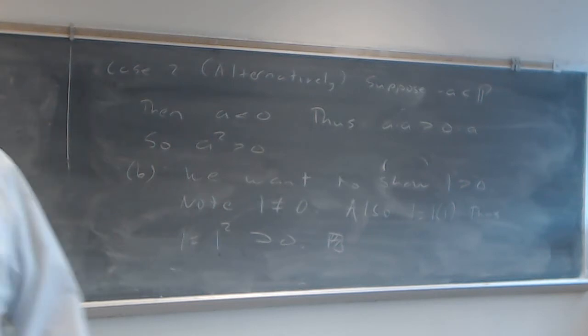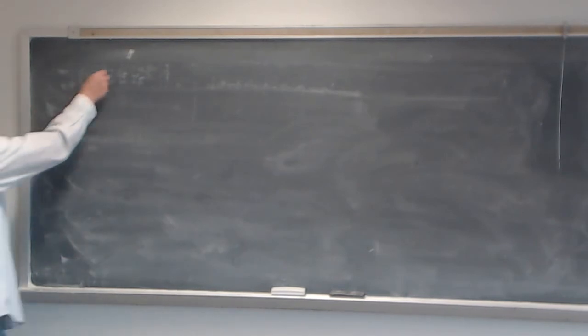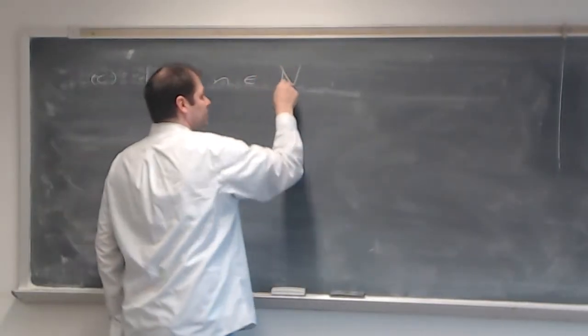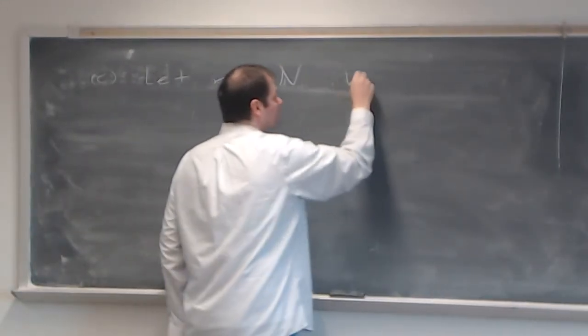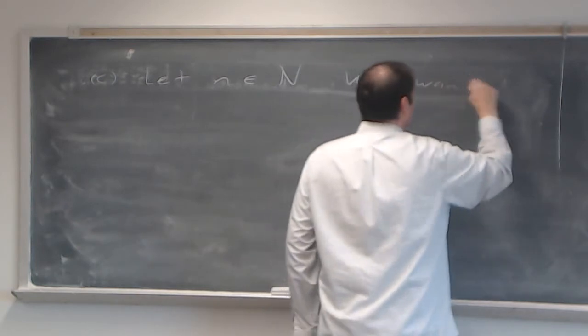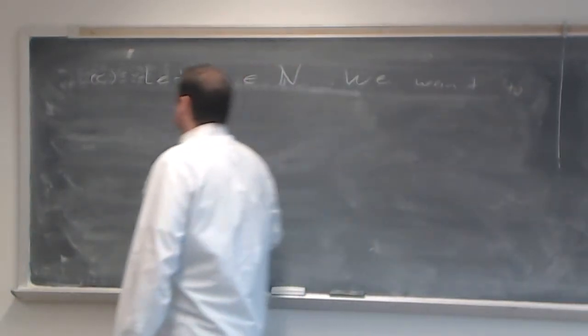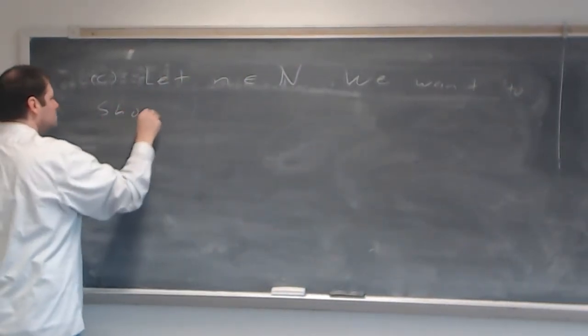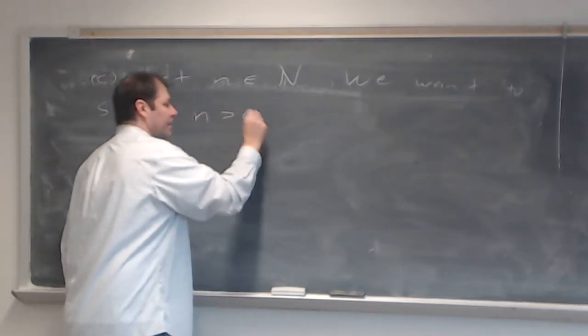We have part C to do. What was part C? Part C is if you give me a natural number, it had to be bigger than 0. So we let n be an element of the natural numbers. So you give me any natural number. We want to show n is greater than 0.